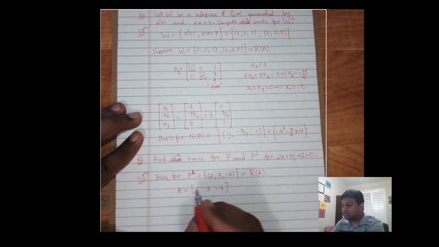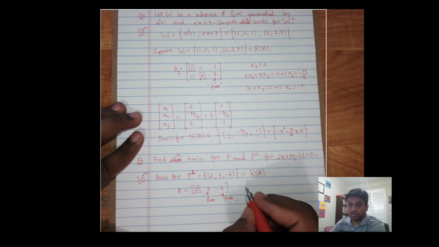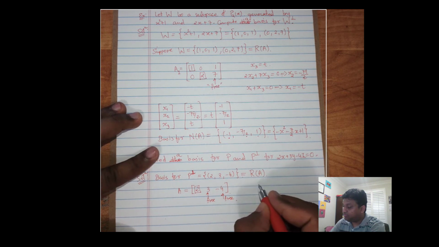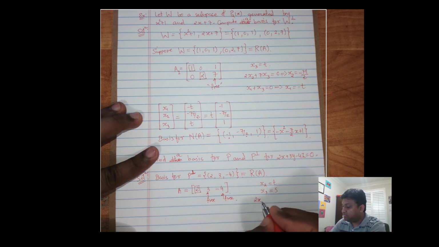This is already in triangular echelon form. That's the pivot entry, meaning there are two free variables. Let's use parameters for them. x2 is t, x3 is s, and I'm going to solve for x1 in terms of x2 and x3.